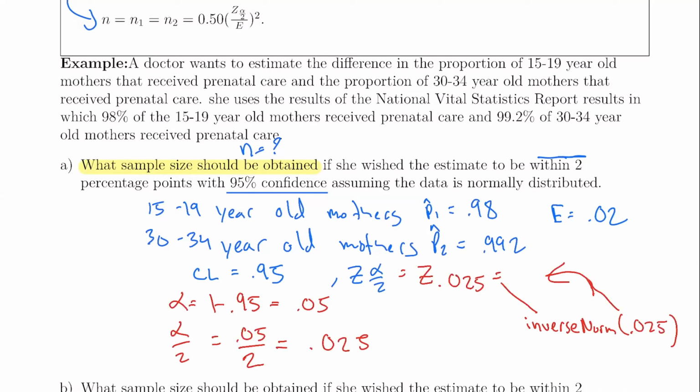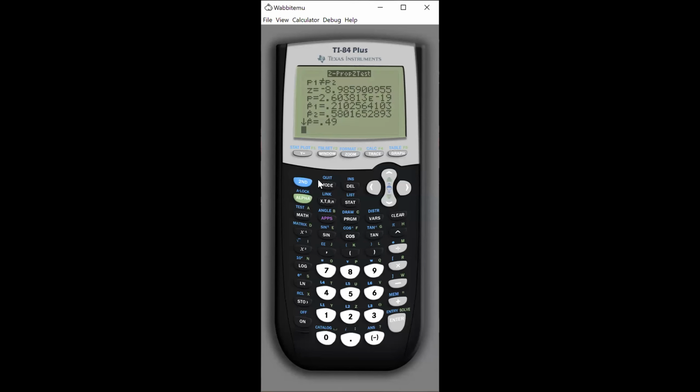All right, so let me go to the calculator and show you how to do this, that way you can get the Z value. You go second, VARS, which is to the left of clear. You go all the way down to 3 where it says inverse norm. If you look at it, it says area is 0.025.